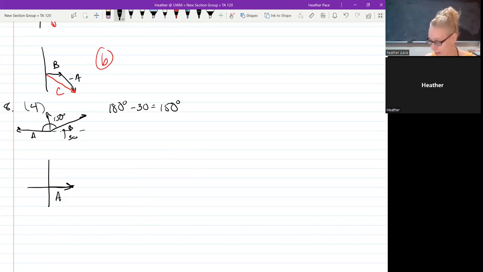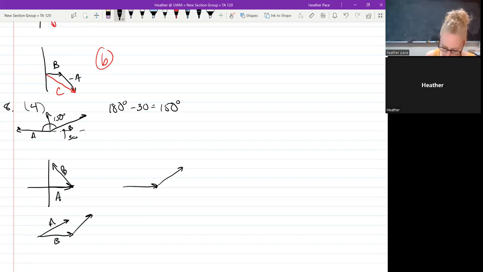So if A is this one, that would be adding A to B. If it looks like this, that would be adding A to B. If it looks like this, that is not adding A to B. This one, A would have to look like that.